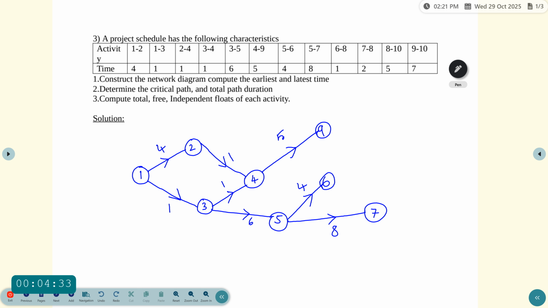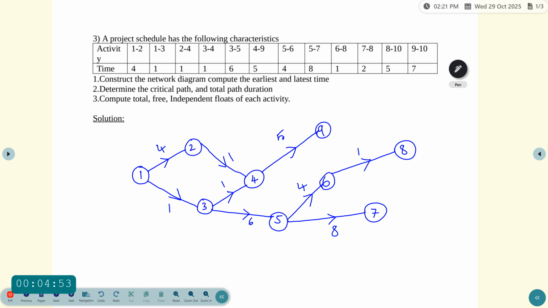Similarly, the next one is 6 to 8. 6 is already there, and the new event is 8, and the duration of 6 to 8 is 1.